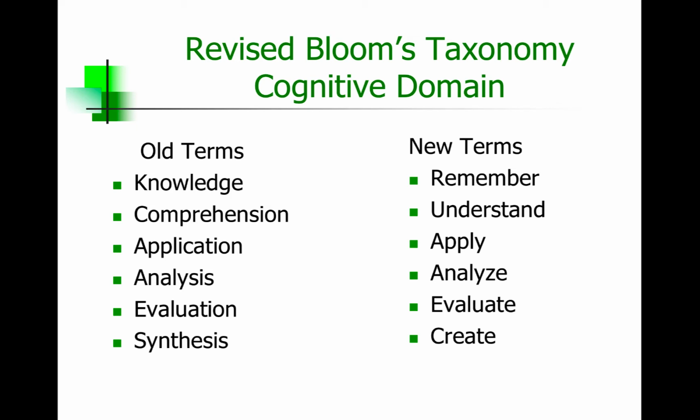So if you look at this right-hand column here, Bloom now will use recognizing, under remembering, they recognize, they list, they describe. To understand is to interpret, to exemplify, to summarize. Then you still see apply, analyze, evaluate, and create.